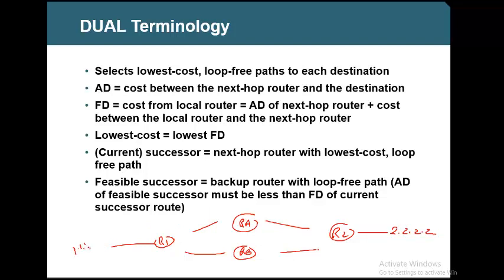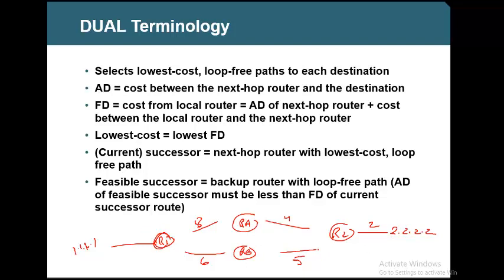From source 1111, the packet needs to go. Okay, I understand that. Now let's say the metric is 2 here, metric is 4 here, metric is 8 here, metric here is 6, metric here is 5, okay, that's it.